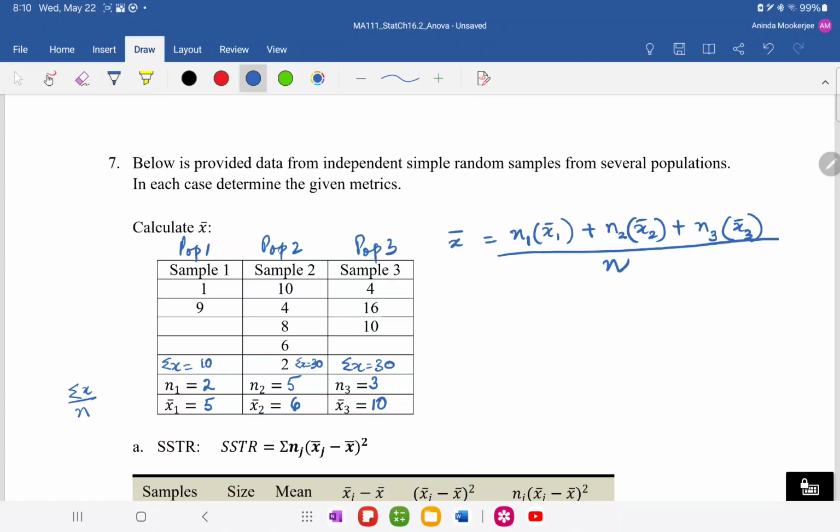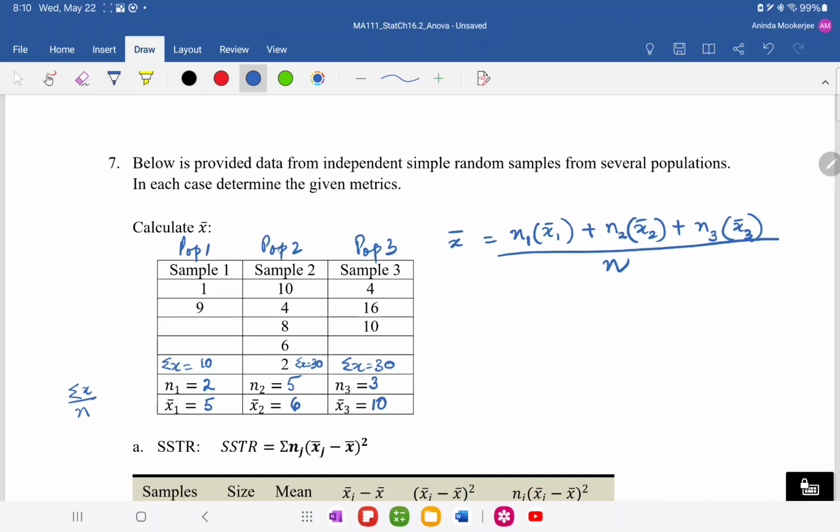So what you're doing is finding the sum of each sample by multiplying the sample mean by the sample size for that sample.